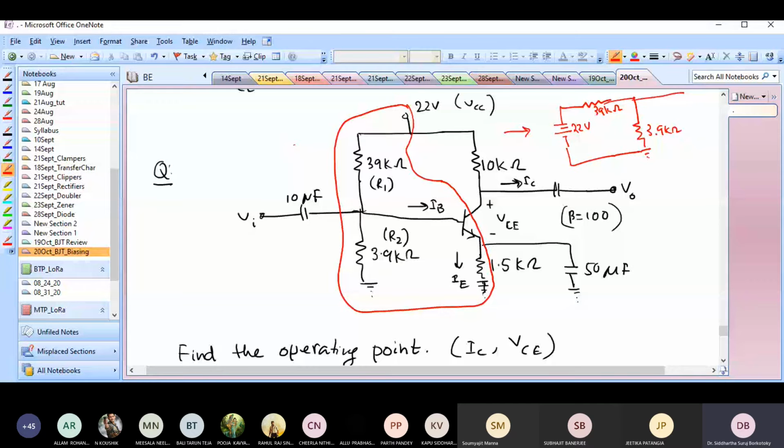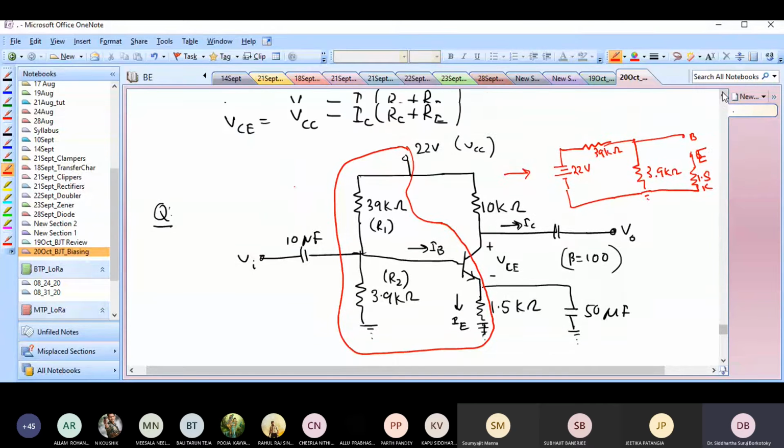And then I have this VBE terminal. And finally, I have this 1.5 kilo ohm resistor. So this is the input circuit. So this is the input side.